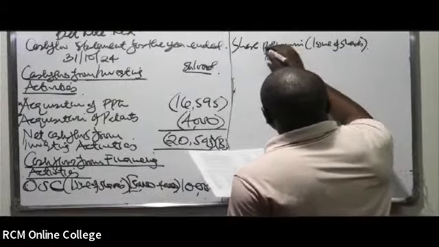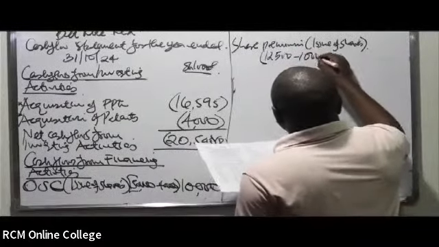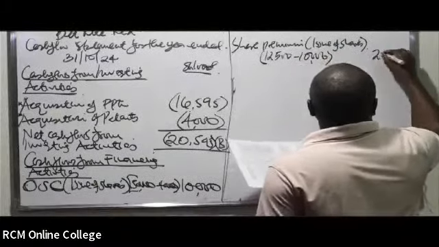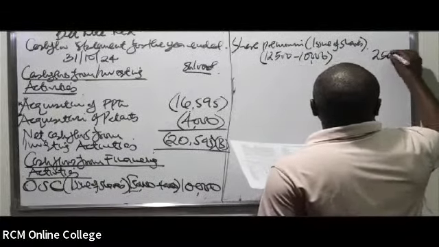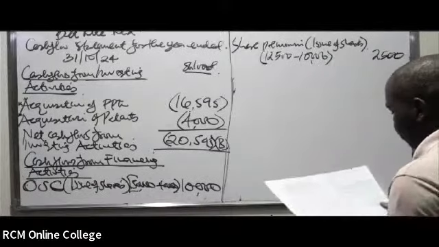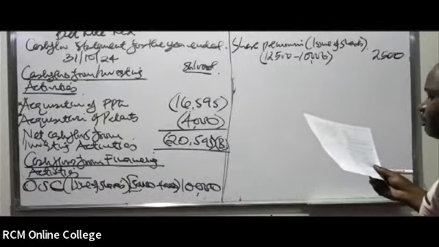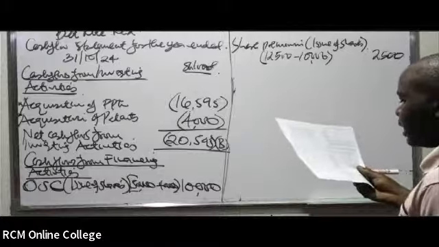So 12,500 minus 10. They got an extra amount in share premium of 2.5 million.